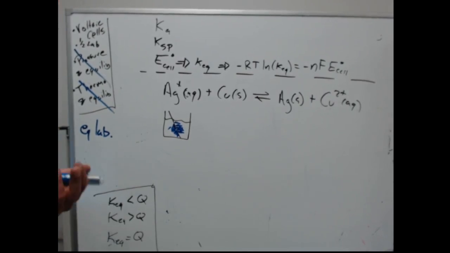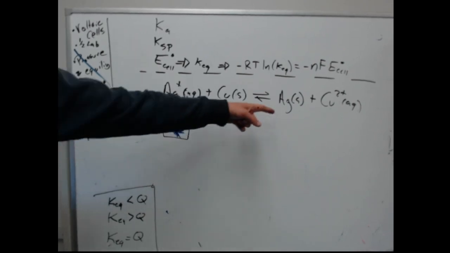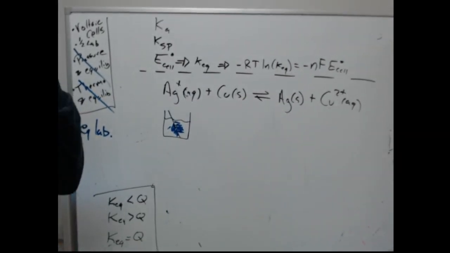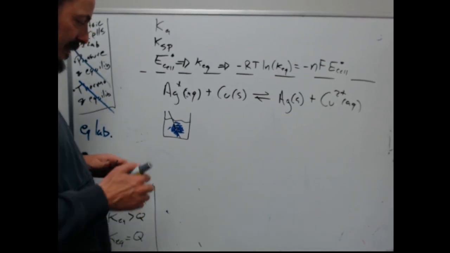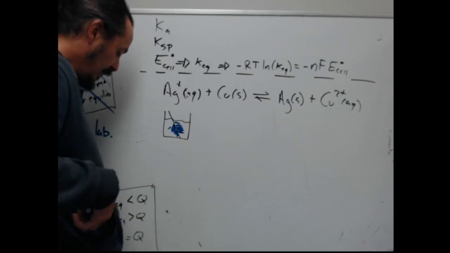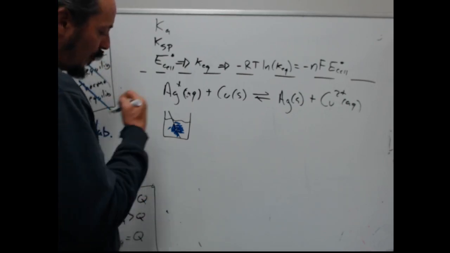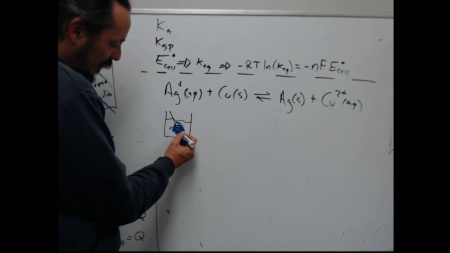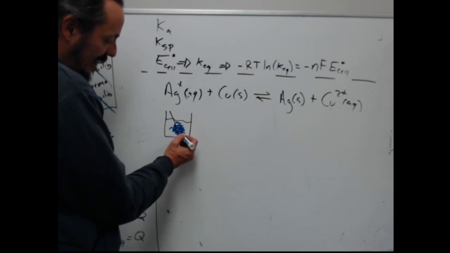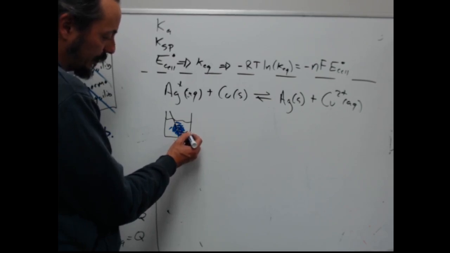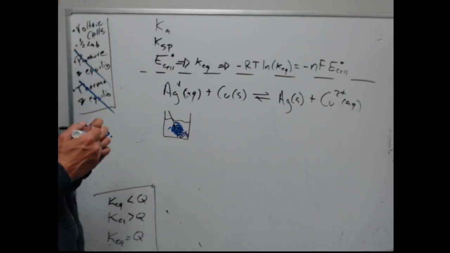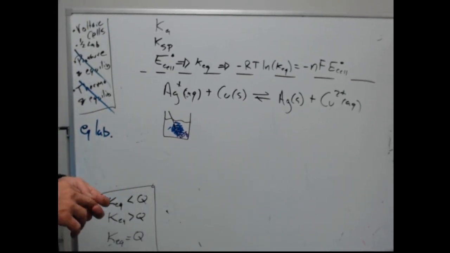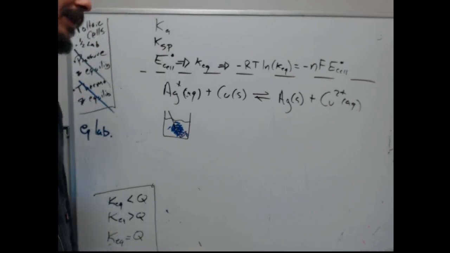What we actually saw was silver precipitating out on the surface, and copper ions going into solution. There are electron transfers happening right on the surface: electrons leave the copper into the solution, and the Ag+ takes an electron and becomes Ag solid. So right on the surface there's this transfer of electrons, and we can explain redox reactions through this electron transfer energy.